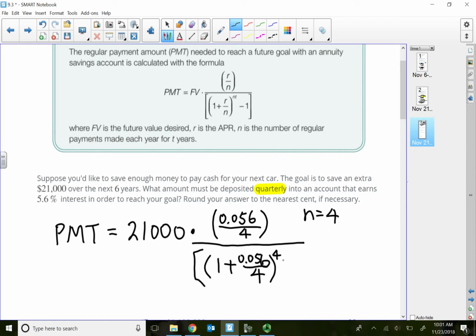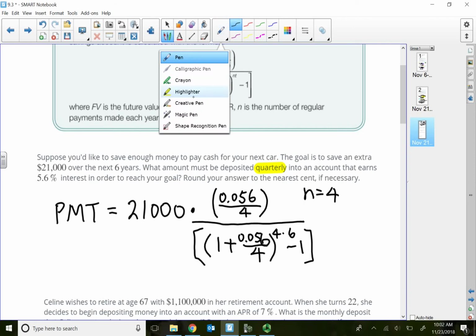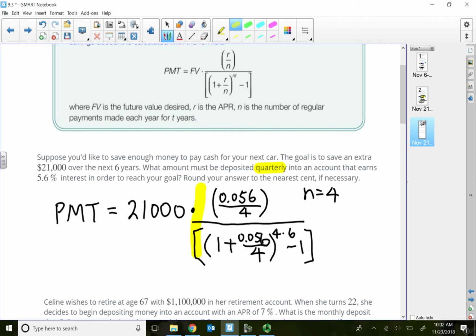N is 4 times T is 6 years. Then make sure we minus 1, and close the bracket. So what I'm going to do is figure out this big fraction first in the calculator, then I will times by my $21,000.